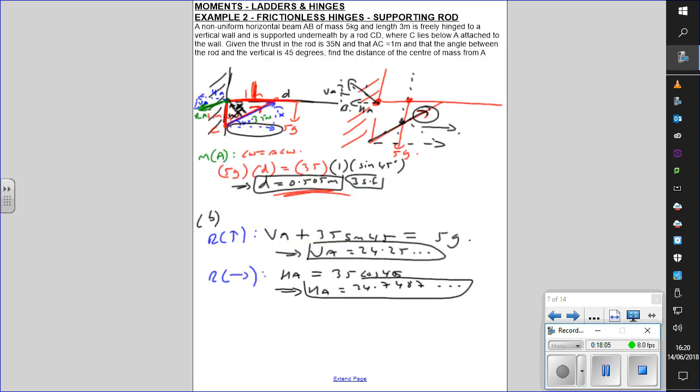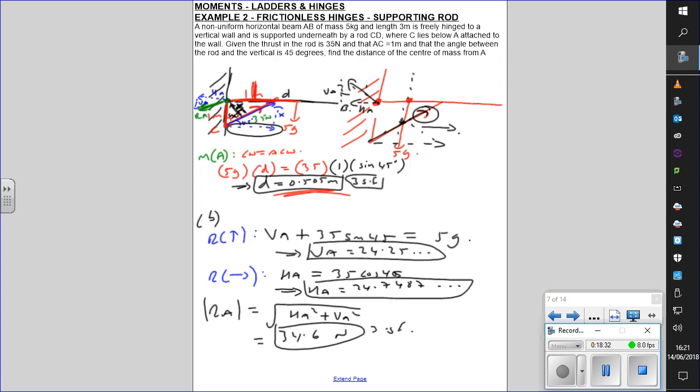And then how do we find the reaction? The magnitude, exactly. Square root of HA squared plus VA squared. Okay, so that is 24.7487 squared plus 24.25 squared, square root. So 34.6, right, newtons to 3SF.